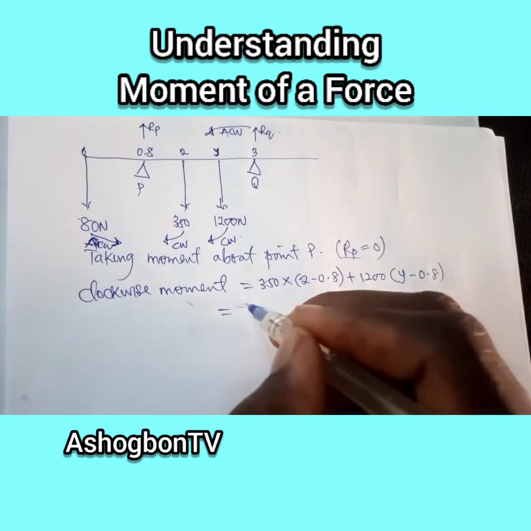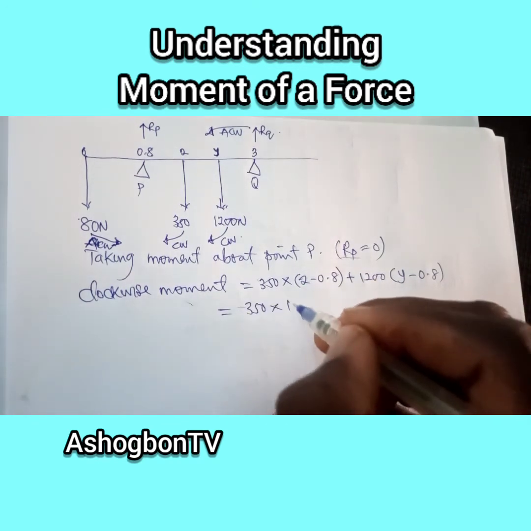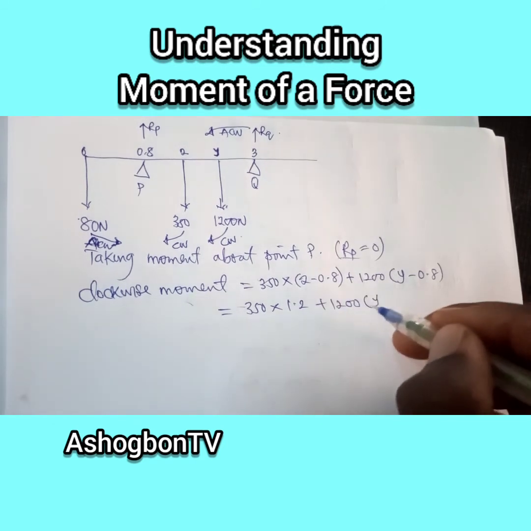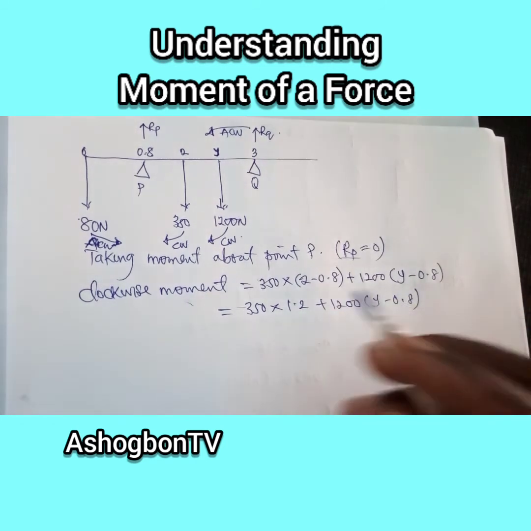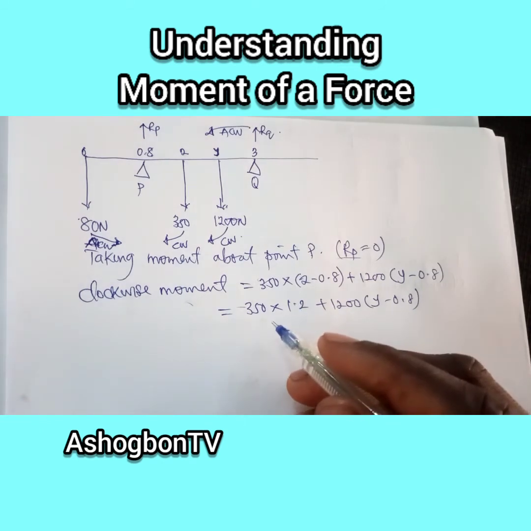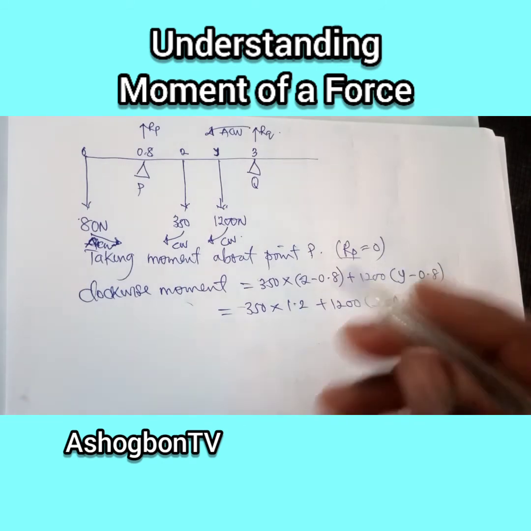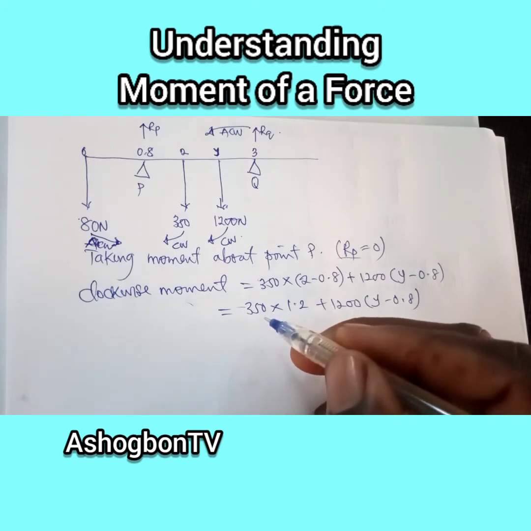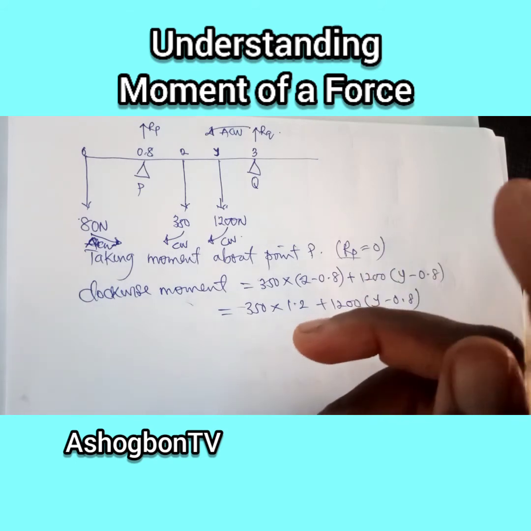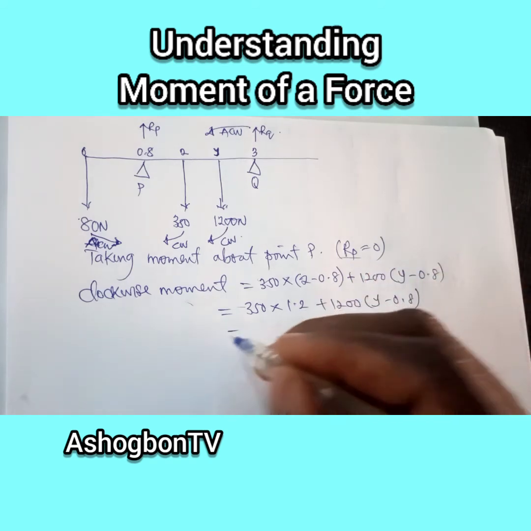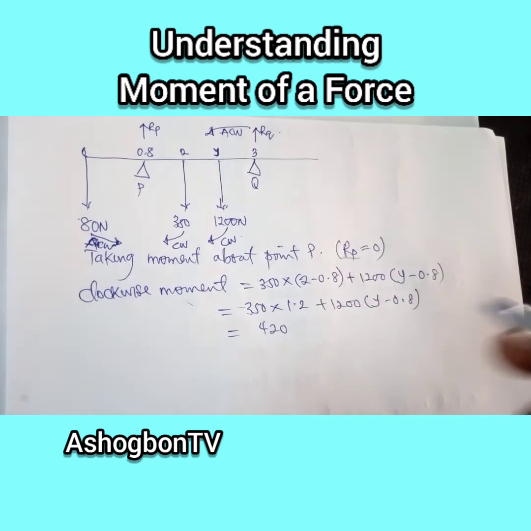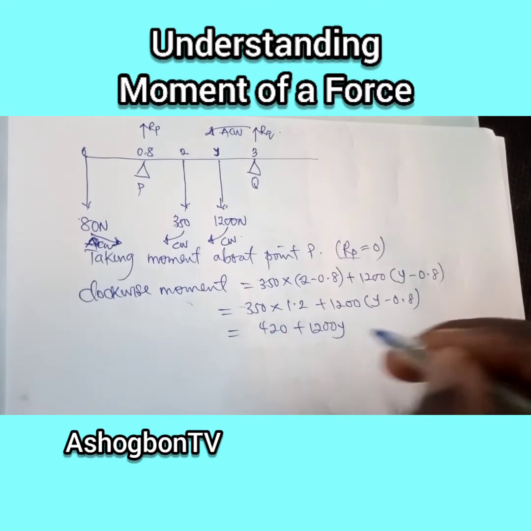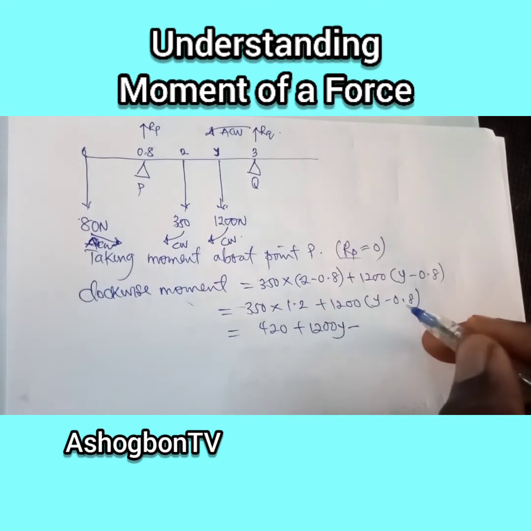So here you have 350 times 1.2 plus 1,200 times y minus 0.8. And you want to multiply that. If you can remember, we actually did it the first time and we got 420. And you have 1,200y minus this multiplied by this.